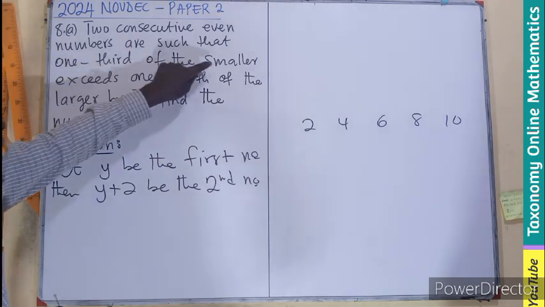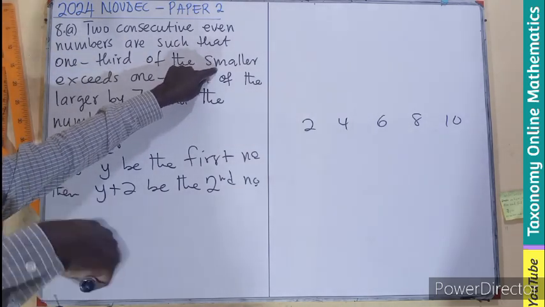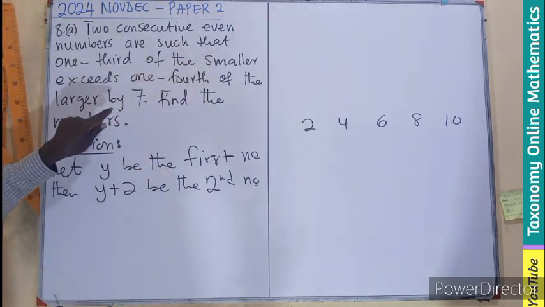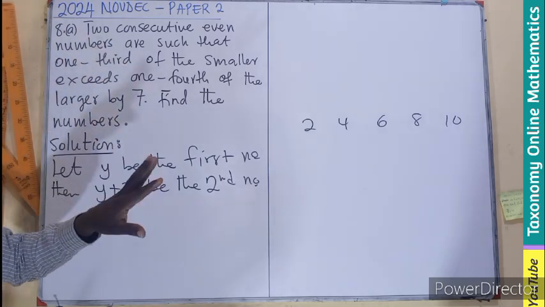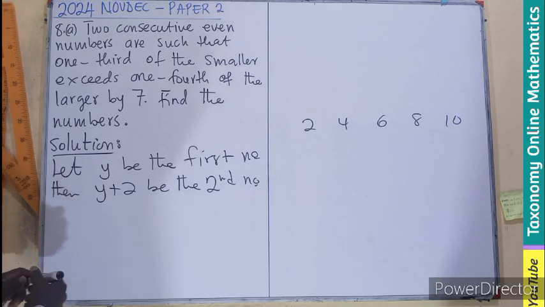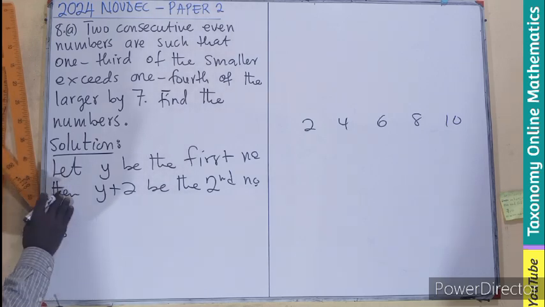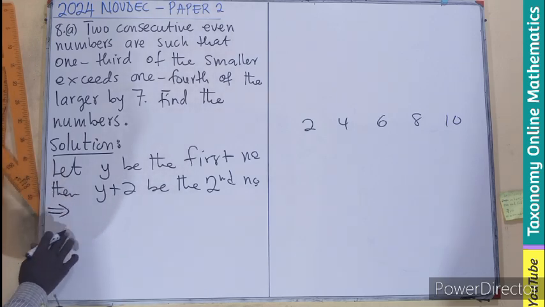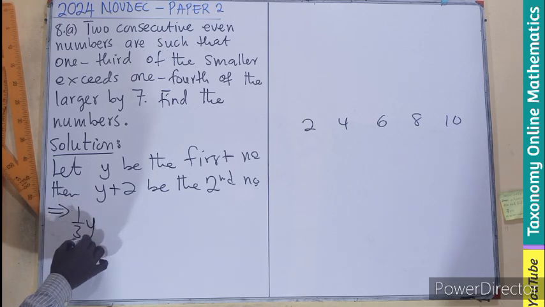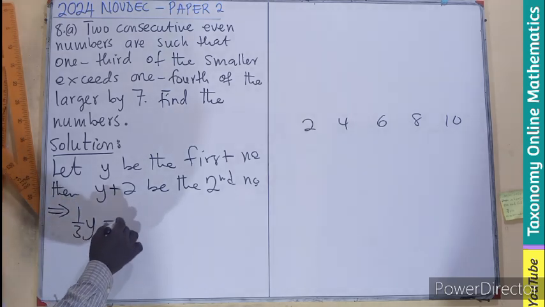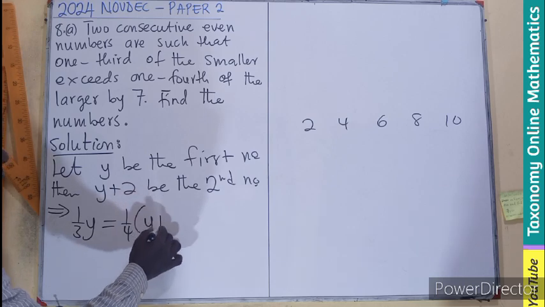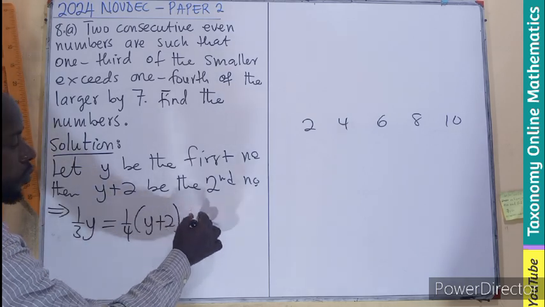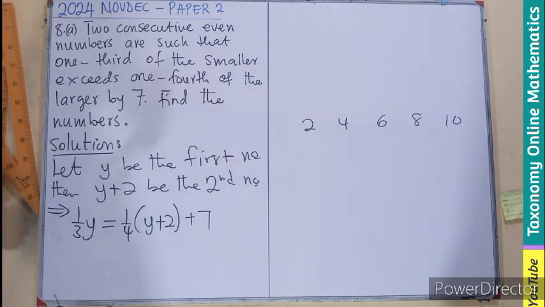So the smaller one's fraction is bigger than the larger one's fraction by 7. It implies that 1/3 of y equals 1/4 of (y plus 2) plus 7. This is not the only way we can write it.